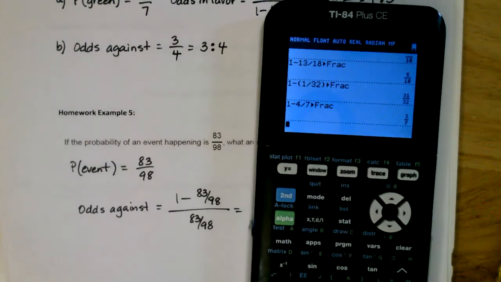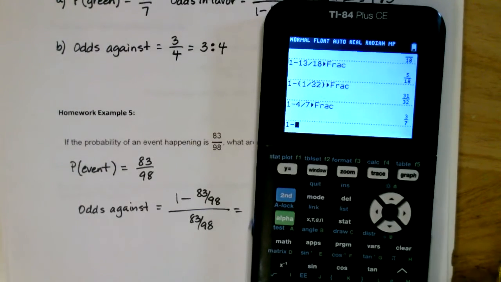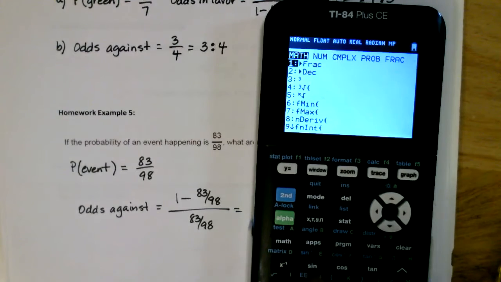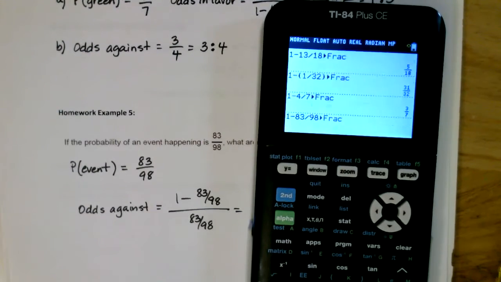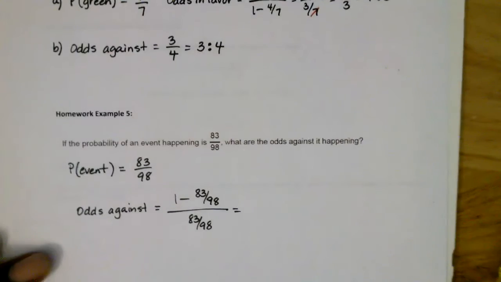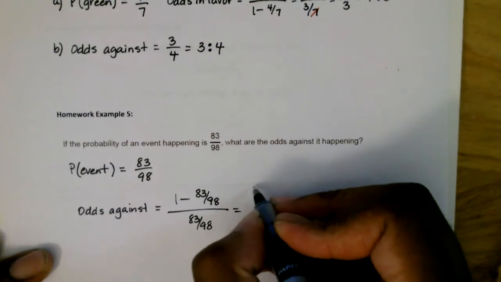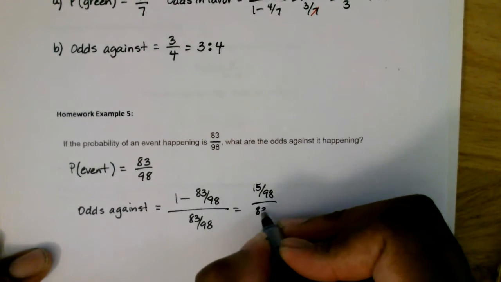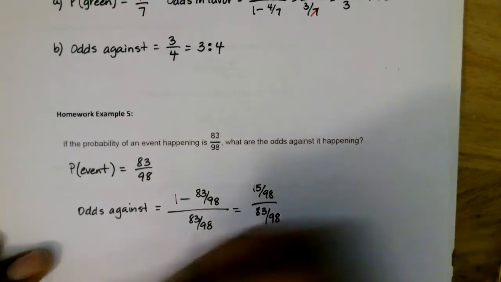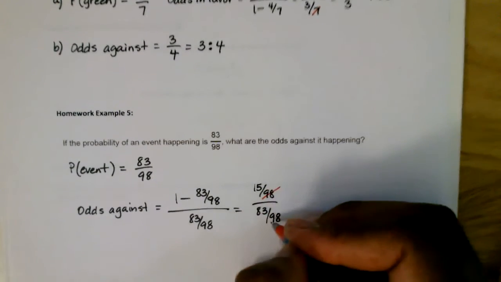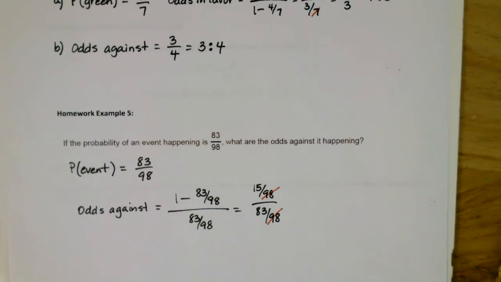So it'd be 1 minus that 83 over 98, divided by 83 over 98. I'll put that over here. So 1 minus 83 divided by 98, and then hit the math key, fraction. That would be 15 over 98 for the numerator, and then 83 over 98 in the denominator. And what you're going to see here is that your 98s will divide out.